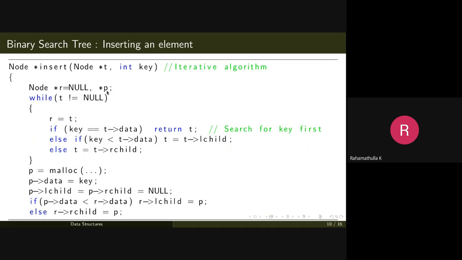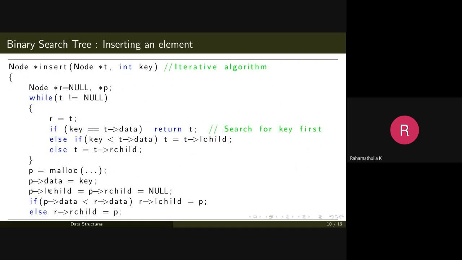Then into this node p we allocate as much memory as is required for inserting this particular node. For inserting this node, we need to have a left child, a right child and a key value. So in order to store these three, that is two pointers and one integer, that much memory is allocated. Then p pointer data equal to key, that key is inserted.